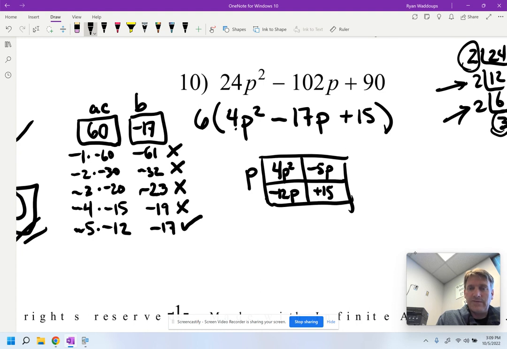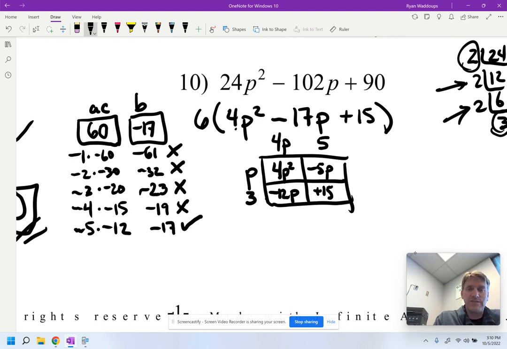Negative 12p and plus 15, they both have 3 in common. And 4p and 12p, they have 4p in common. And 5p and 15, they both have 5 in common.